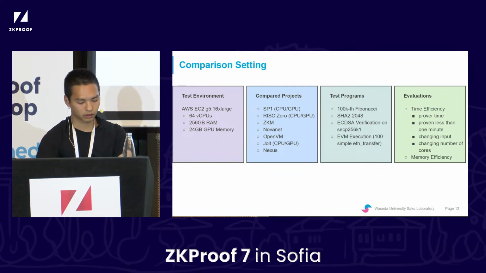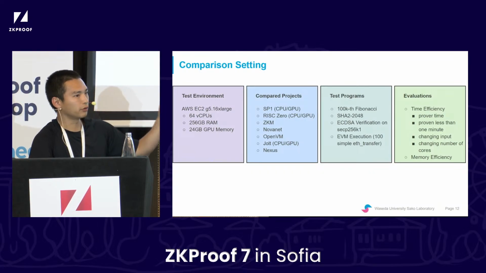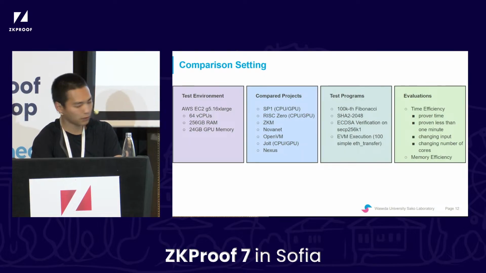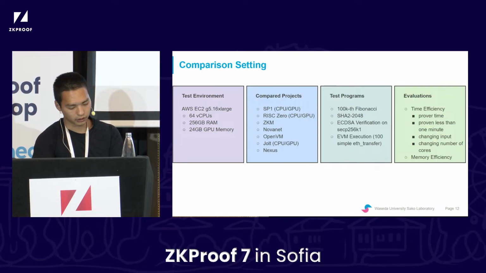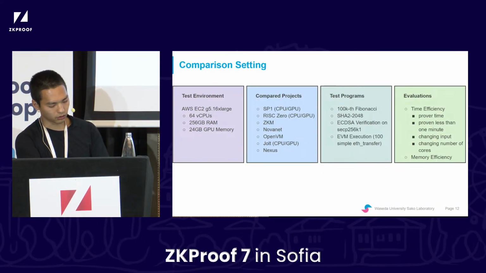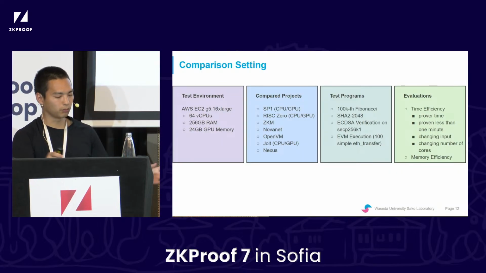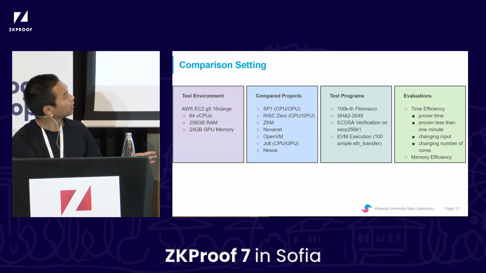Evaluations are primarily divided into time efficiency and memory efficiency. For time efficiency, we first compared prover time. Next, we evaluated program generalizability based on whether proof generation could be completed within 1 minute. Then we compared increases in prover time when changing input size.